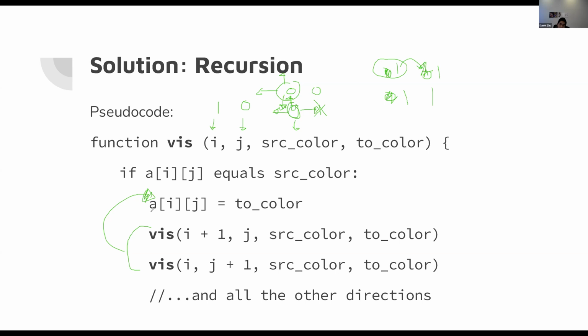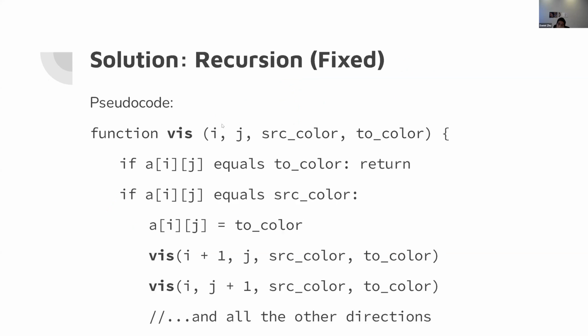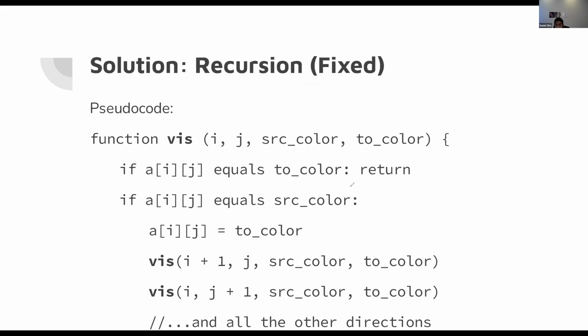So you have 2 options. You can either put this before this part, or you can check if you've already been to that location, and if you have, return.